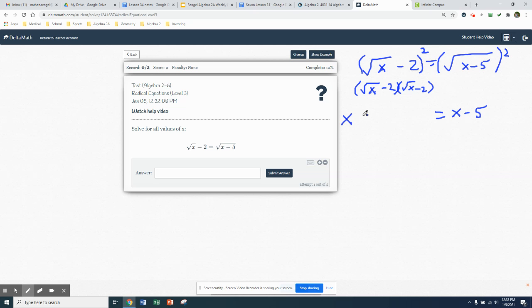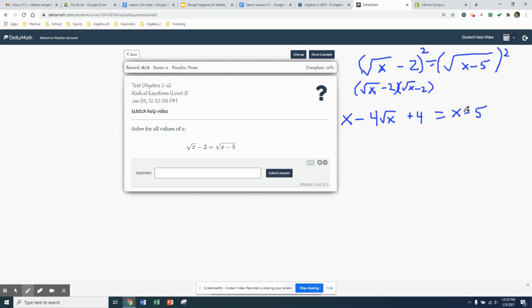My outsides are negative 2 roots of x. My insides are negative 2 roots of x, which add together to make negative 4 roots of x. I did the O and the I of FOIL at once. And then lastly, negative 2 times negative 2 is positive 4.